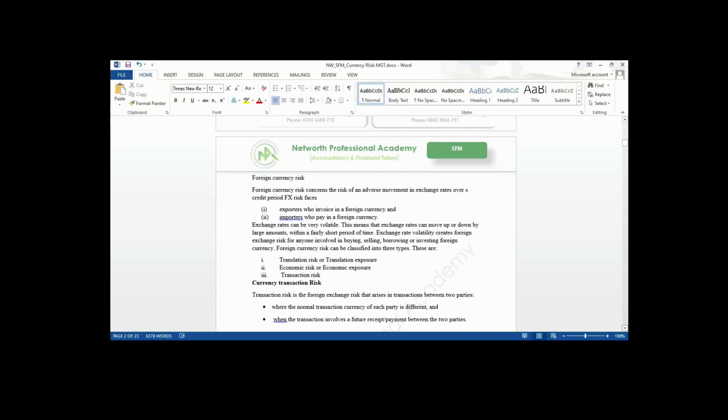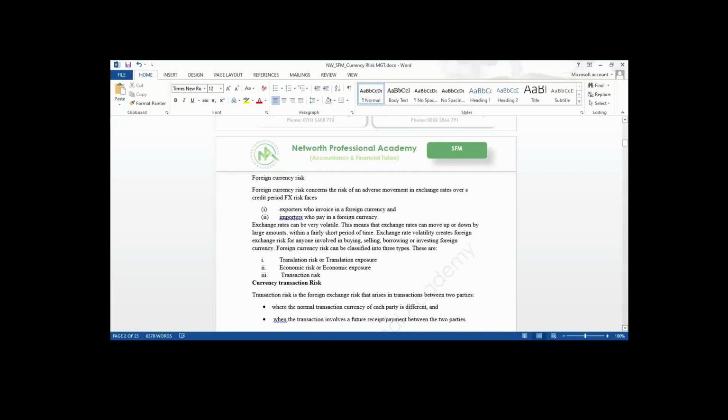Transaction risk is the risk that arises between 2 parties. Transaction risk is the foreign exchange risk that arises between 2 parties where the normal transaction currency of each party is different, and where the transaction involves future receipts or future payments.